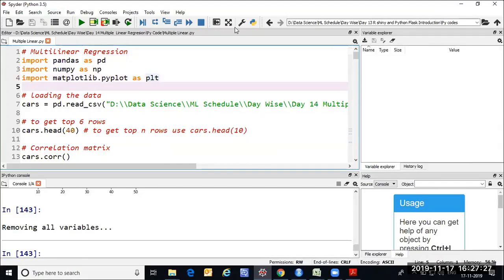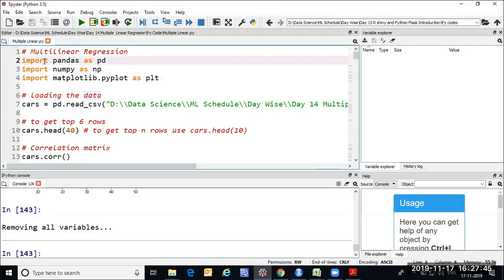Let us import the basic libraries that we need.